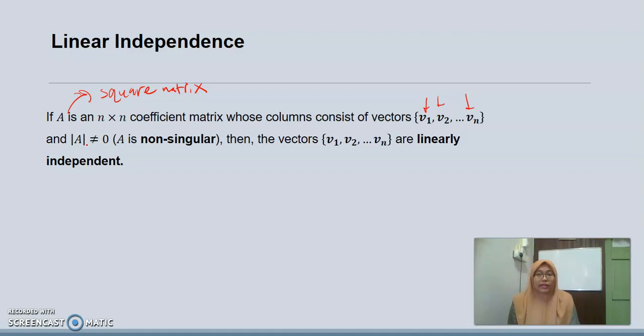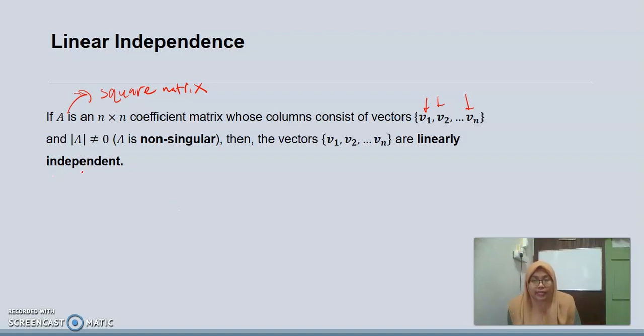You find out the determinant of A and the value is not equal to 0. This implies that A is non-singular, which means A inverse exists. If the determinant of A does not equal 0, then you can conclude that the vectors v1, v2 up until vn are linearly independent.